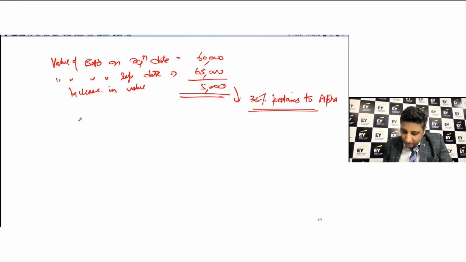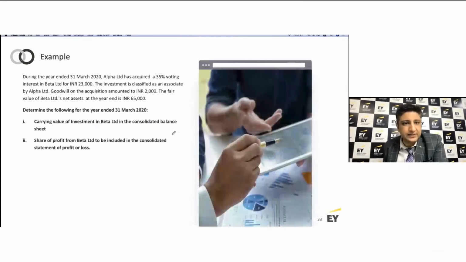Okay. So what I want to say here is that Alpha's investment in Beta on 31st of March 20, that's the reporting date. Let's double confirm that.